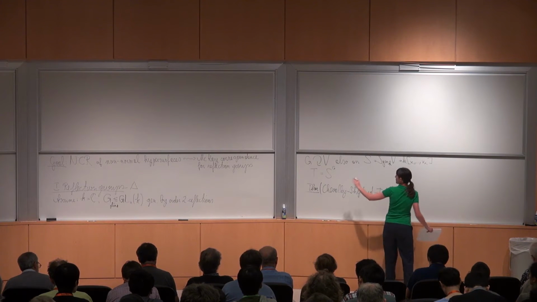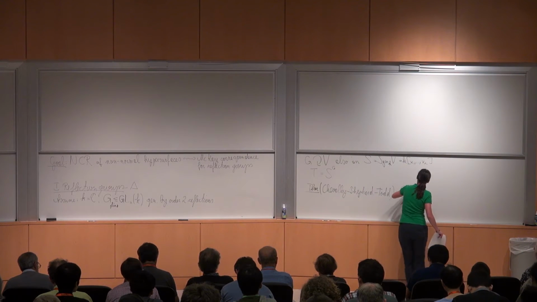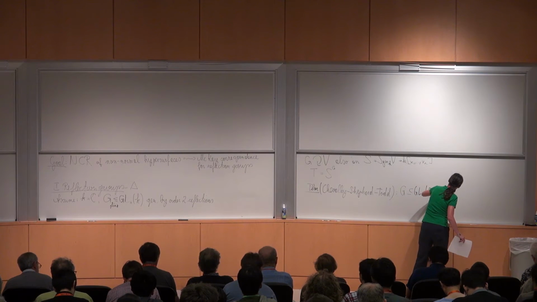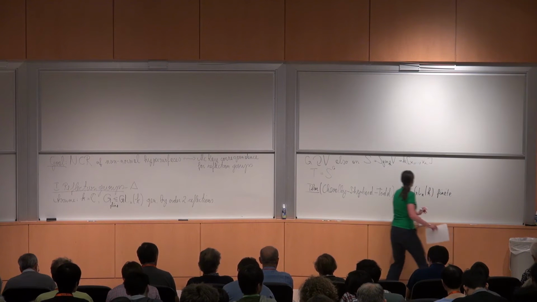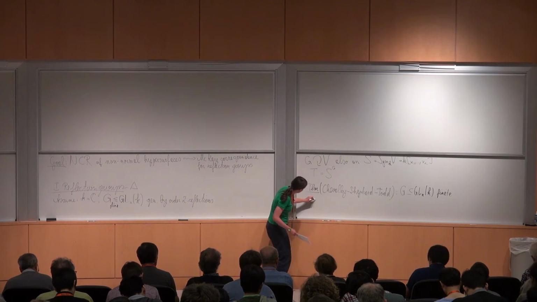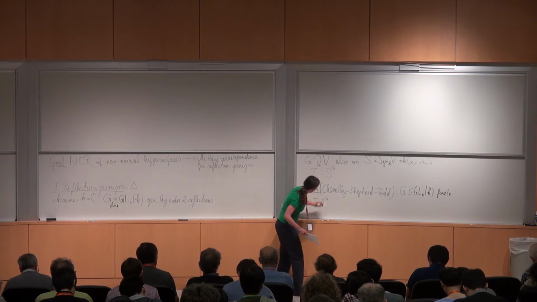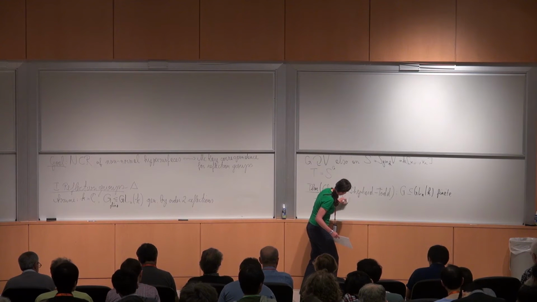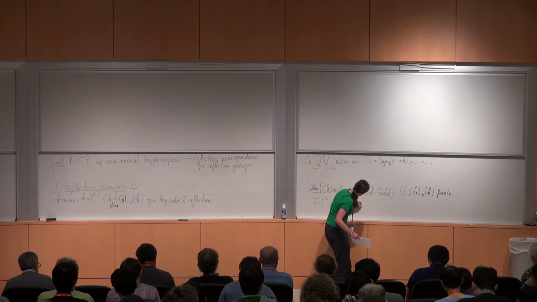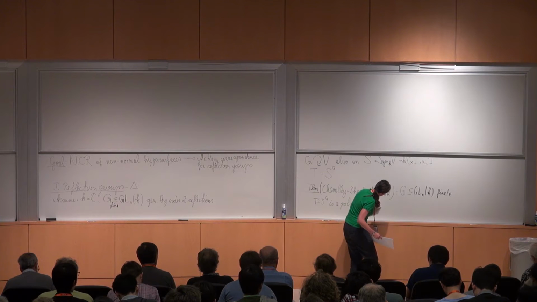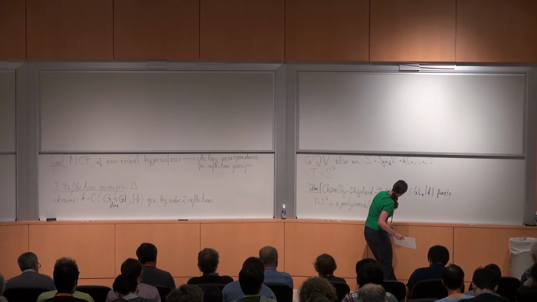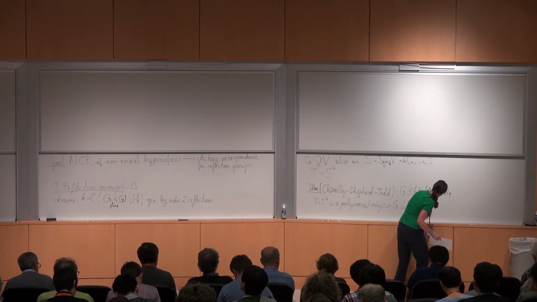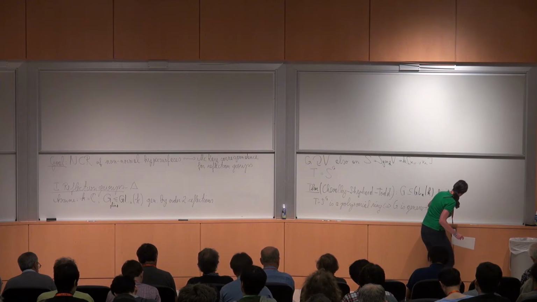If I take now not necessarily a reflection group but any finite subgroup of GL_n(K), then the invariant ring is a polynomial ring if and only if G is generated by pseudo-reflections.